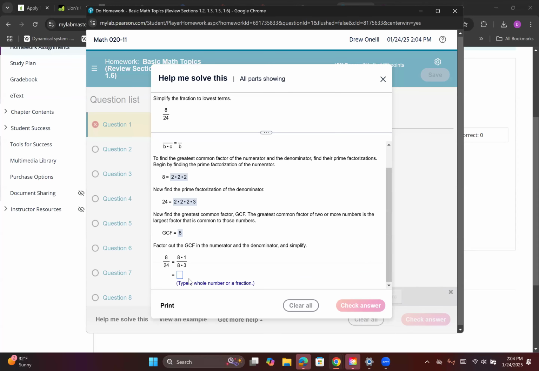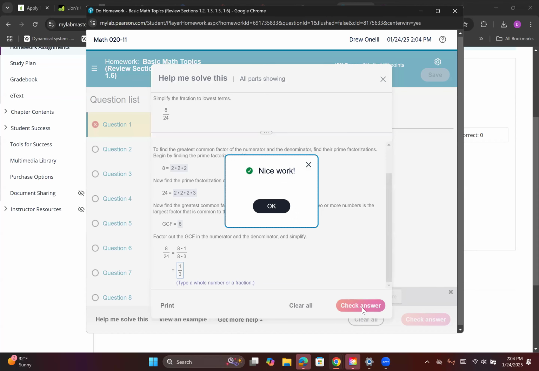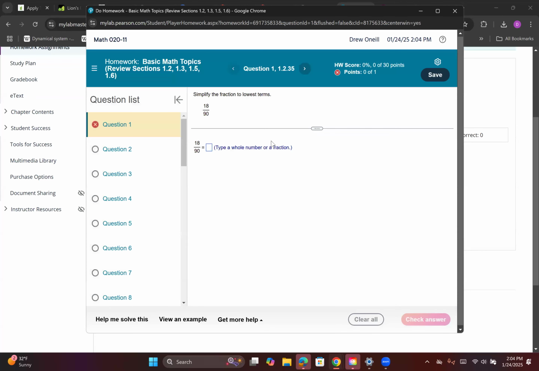And if I simplify that, I get 1/3. Okay. Same thing's gonna happen. I used help me solve this. I close it, I'm gonna get a new problem. So this one, you might notice it was the first one, so you already know it, but whatever. But that's the difference between using those, okay?